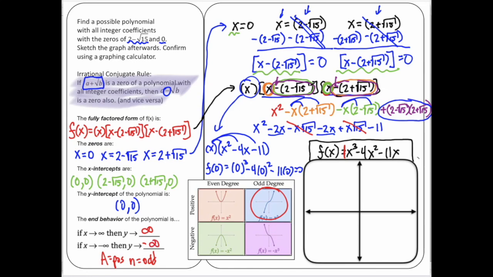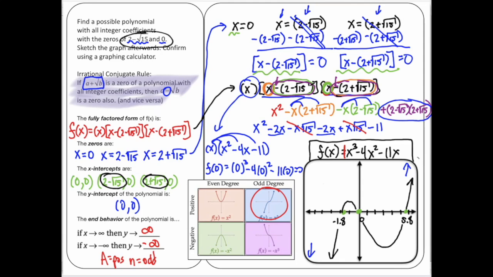And so let's set up our graph and see what it looks like. Okay, so setting all those up, and I punched into the calculator these guys right here so we could get a decimal approximation. And so it looks like we have no multiplicities, and so this is a possible graph of a polynomial with all integer coefficients that have these zeros right here.